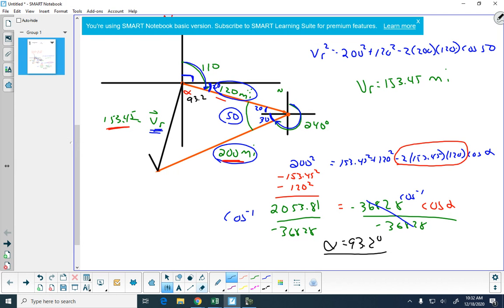So that's why when you're crossing the biggest side, you should use your law of cosines to find that angle, because that will give us a definite. And then our bearing, well, this is 110 degrees. This here is 93.2, so we can add 110 to that. So we get 203.2.